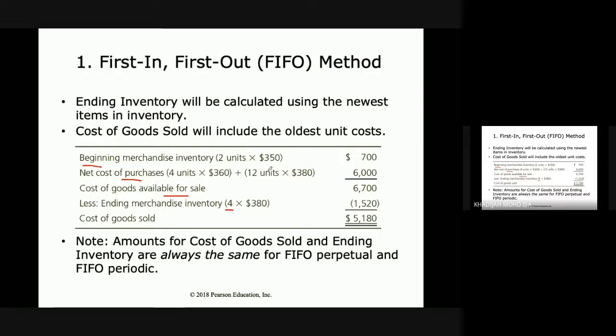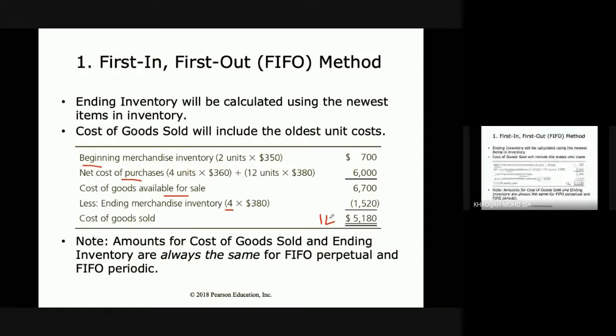But when you do a stock take, you see that you only have 4 units left in your inventory. So 18 minus 4, you know that the one you sold is 14 units.